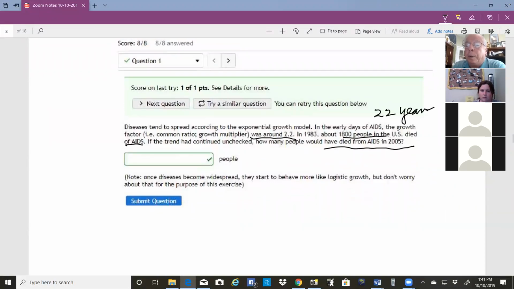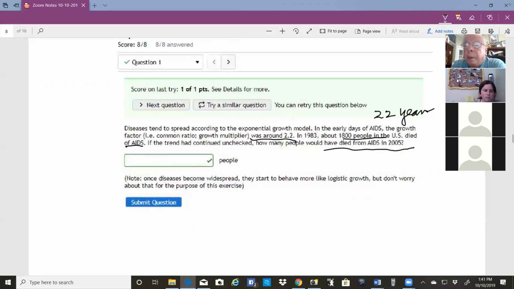So the number would then be equal to 1,800, which is the value we started off with, times the growth multiplier to the 22nd power. Okay. Which is a huge number. Can you do that in your calculator?